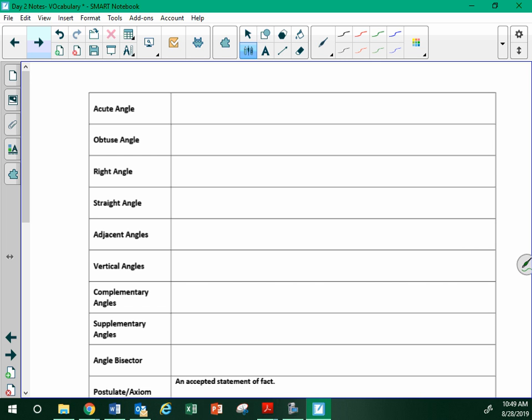So two coplanar angles. You'll see me use this notation to represent angles quite a bit. Little angle apostrophe s. Two coplanar angles that share a vertex and a side.